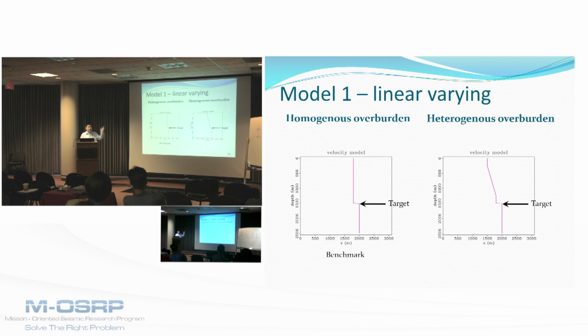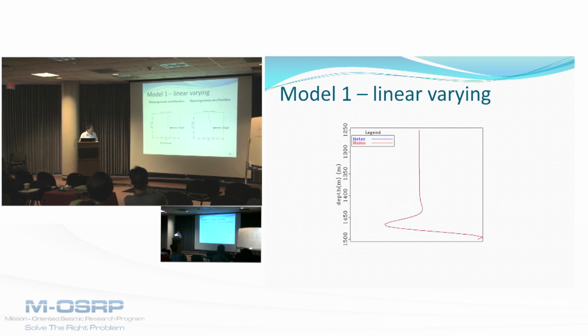So we use the same three models. The first is linear varying, and for the C2 we get identical images even in the C2 image condition, and this wave propagation component is the finite difference. With the finite difference component, we can avoid introducing high-frequency approximation in the wave propagation component.